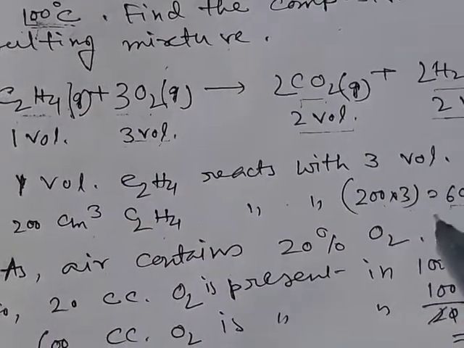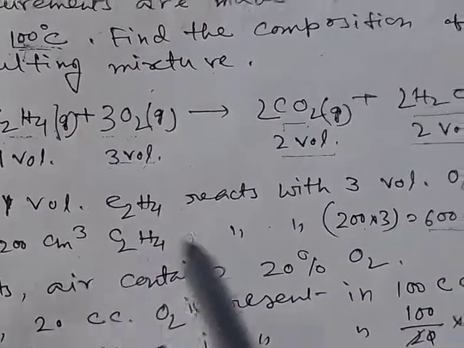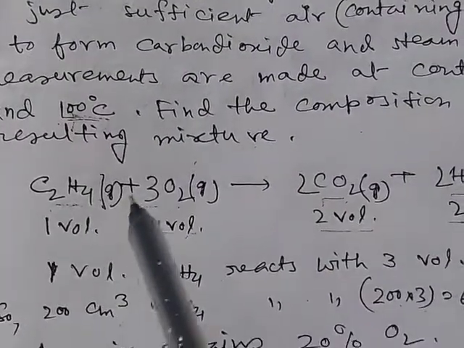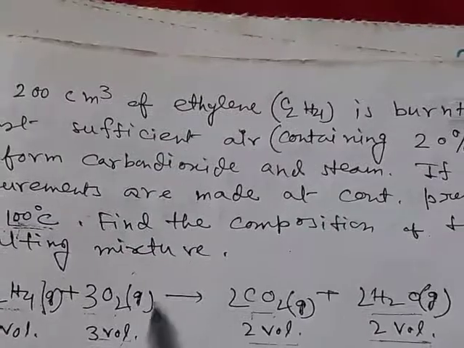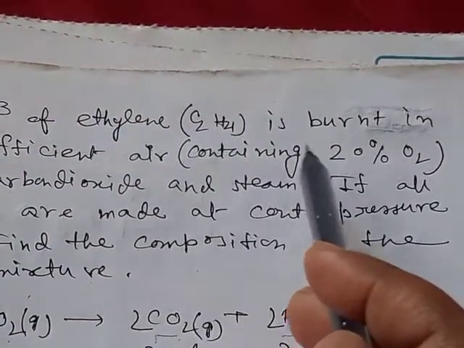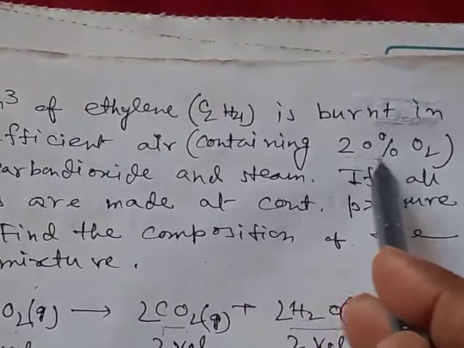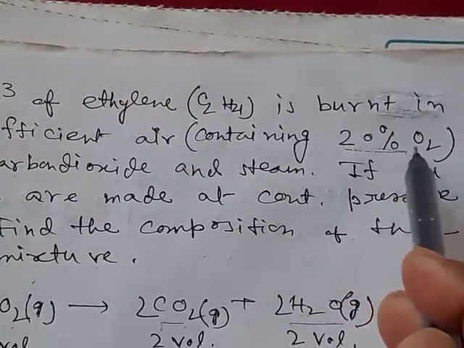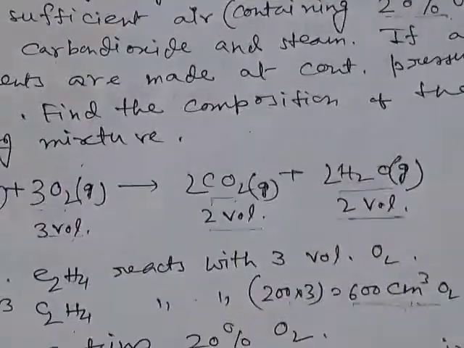So here 600 cc oxygen reacts with 200 cc ethylene. Now it is given that the air contains 20% oxygen. So 100 cc air contains 20 cc oxygen.